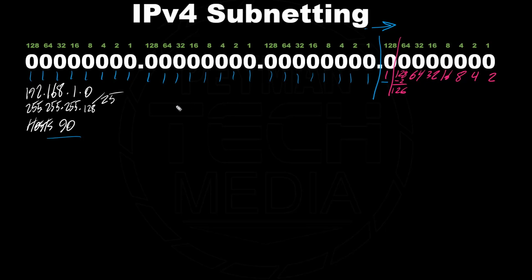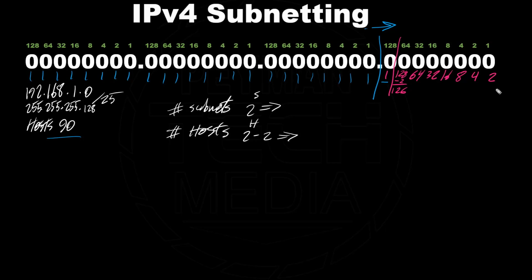Or we talked about this formula, the number of subnets is basically 2 to the power of subnet bits. And the number of hosts is 2 to the power of host bits minus 2, which again is minus 2 because of the network address and the broadcast address. So that's what we see here, minus 2.